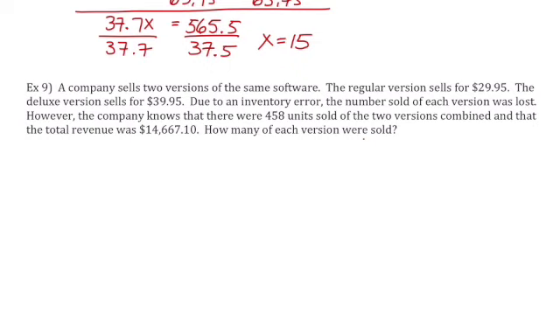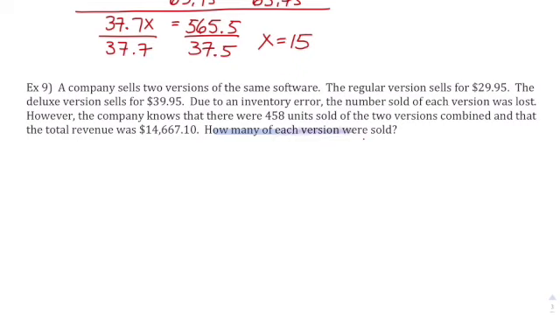However, the company knows that there were 458 units sold of the 2 versions combined, and that the total revenue was $14,667.10. How many of each version were sold?